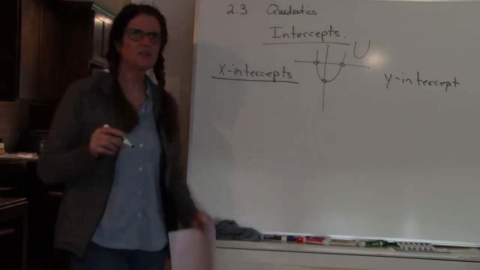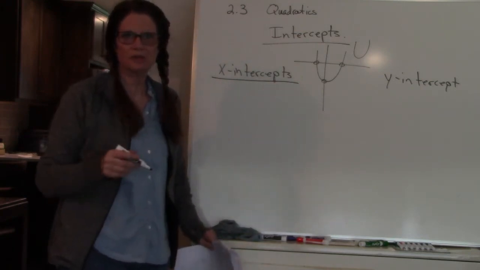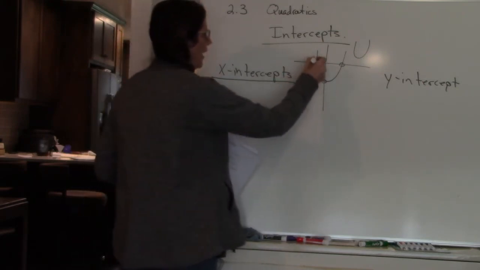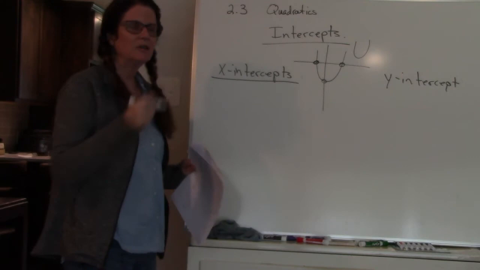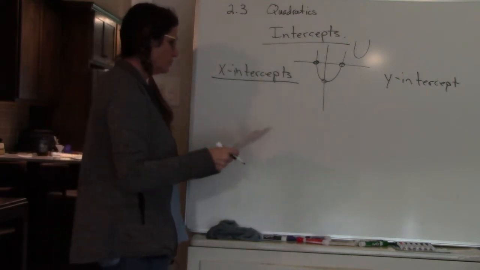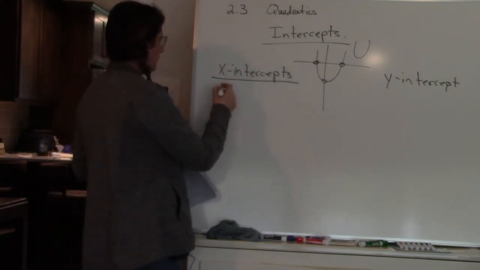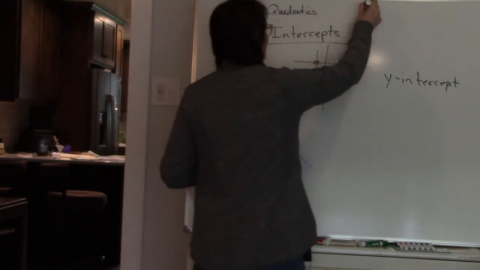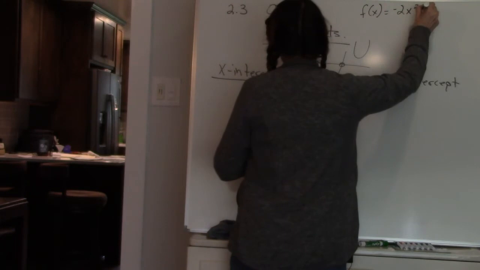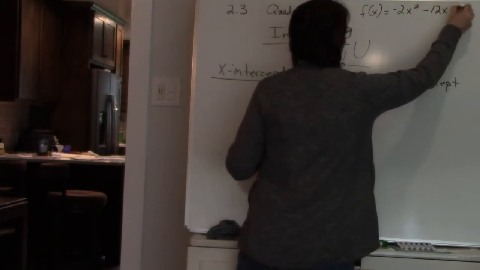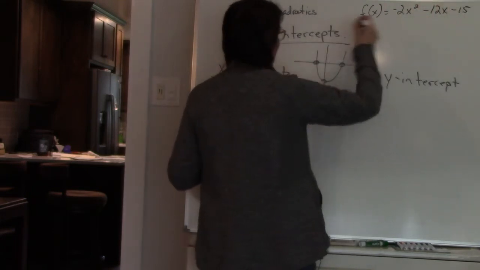So the x-intercept is when y is 0, right? So anytime you have an x-intercept, your y value is going to be 0. So let me put our function up here. Okay, so that was our function that we started with.